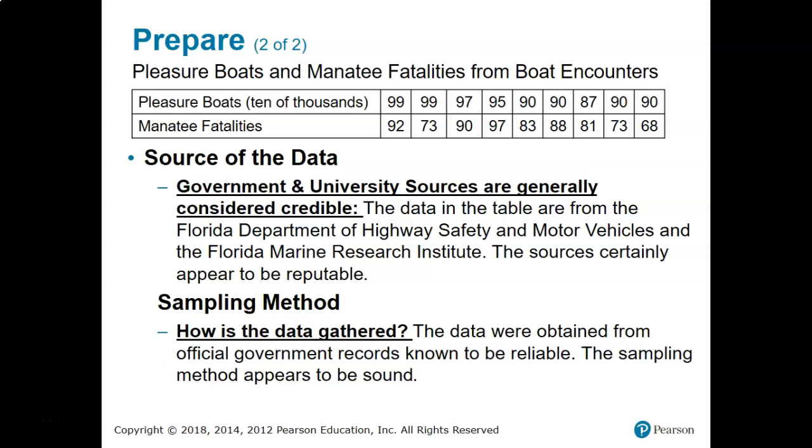It's not a source that stands to gain anything by conducting the study. They're just there to report what we see. So they do appear to be fairly reputable. How was the data gathered? This one was gathered from official government records, and so we would assume that it would be reliable. And so it does appear to be a sound sampling method.